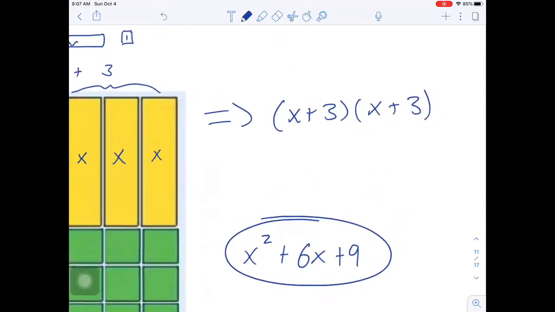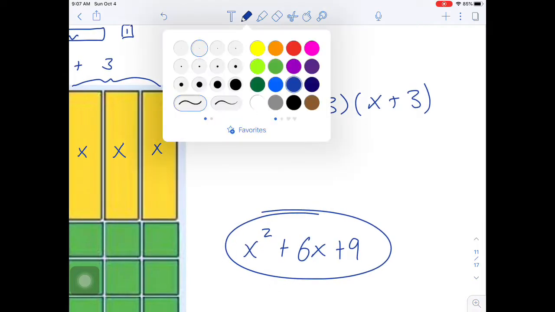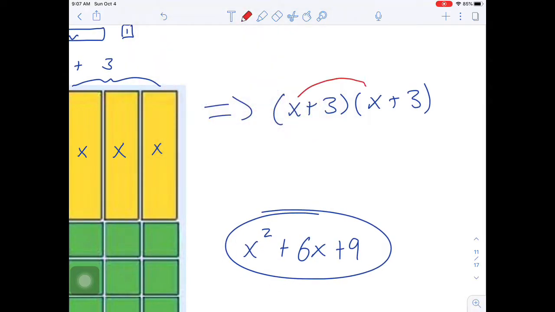Now recognize if we expand this out, I'm going to do x times x, which gives me x squared. Then x times 3, which gives me plus 3x. And then 3 times x gives me 3x. 3 times 3 gives me 9. And then I can combine like terms.